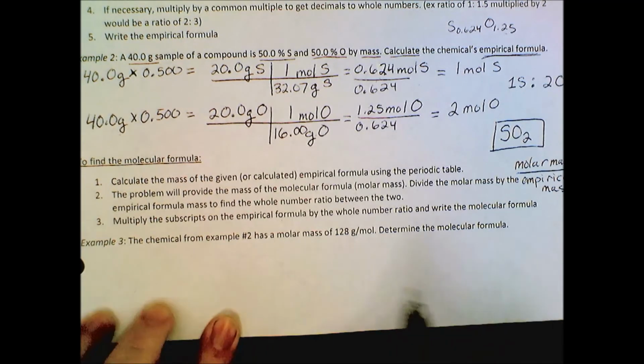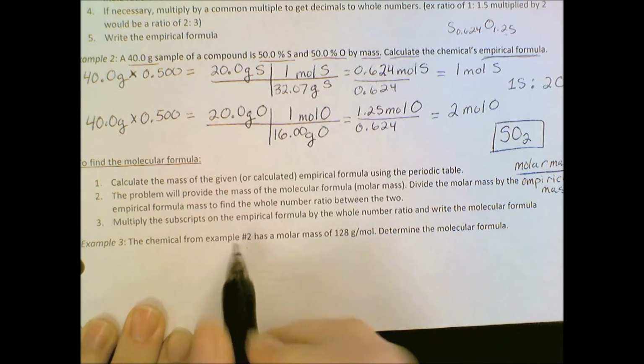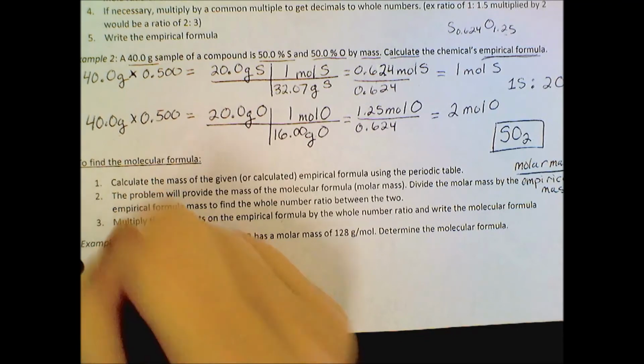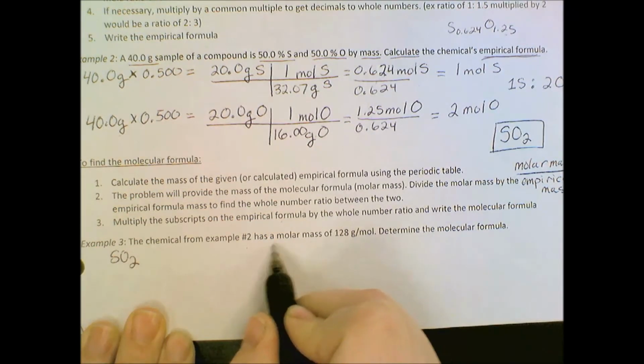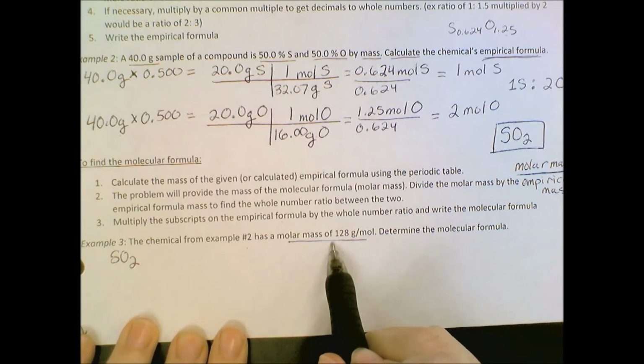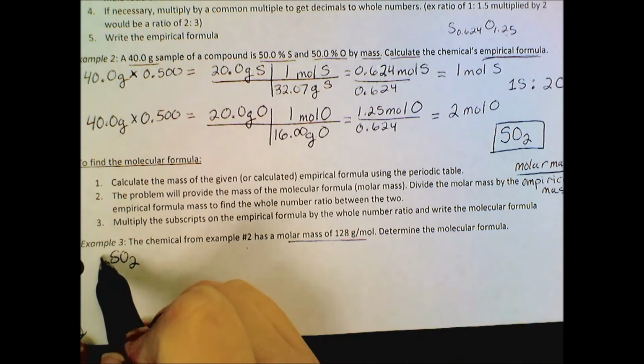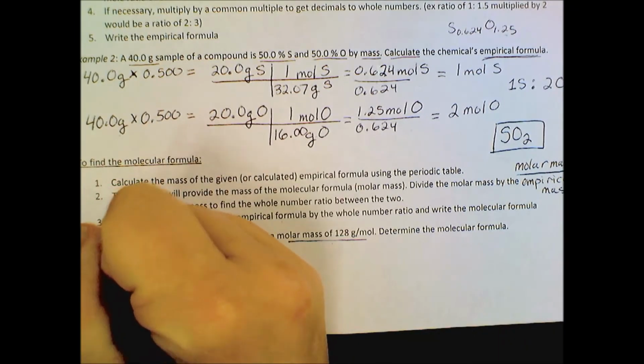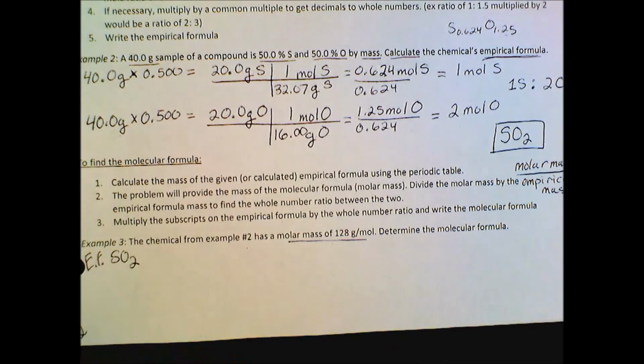So let's take a look at our example. The chemical from example 2, so that was our SO2 that we found before, has a molar mass of 128 grams per mole. So the actual chemical has this molar mass. Remember, this is just our empirical formula. I'm going to put EF for empirical formula. Okay? Determine the molecular formula.